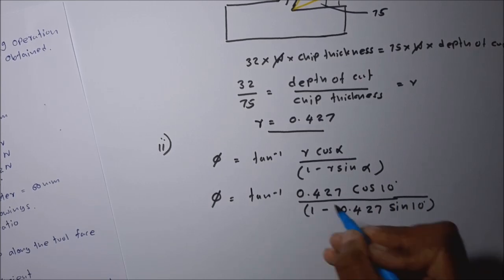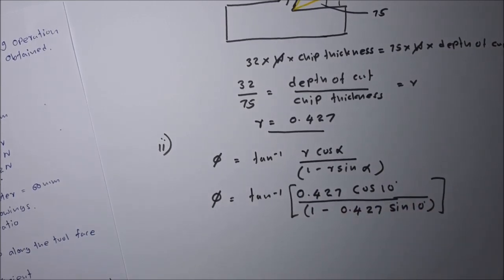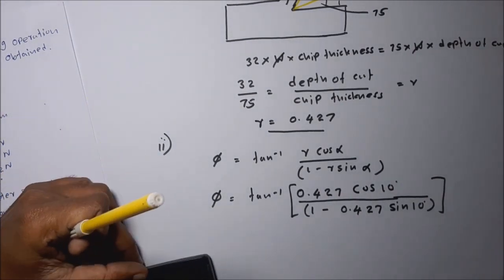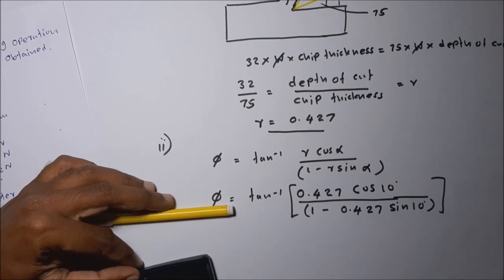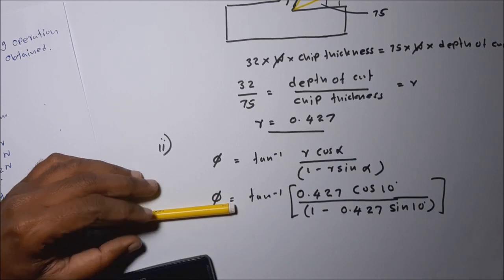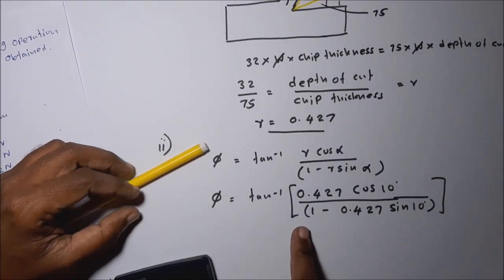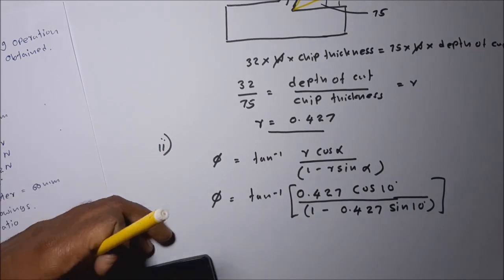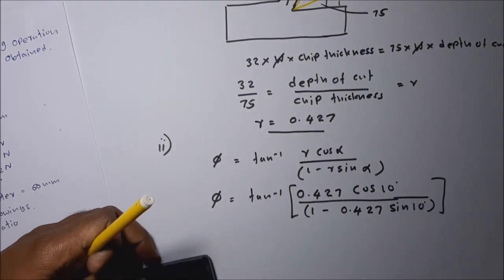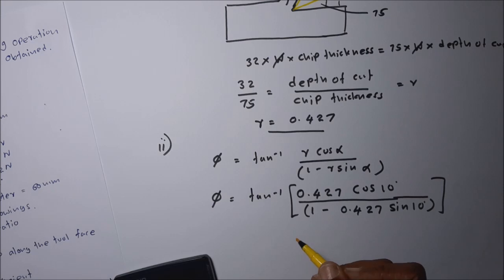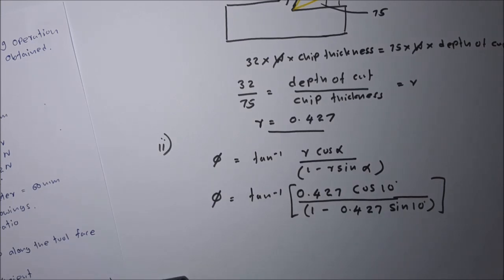Okay, let me take the answer. 0.454, that means 24.43.